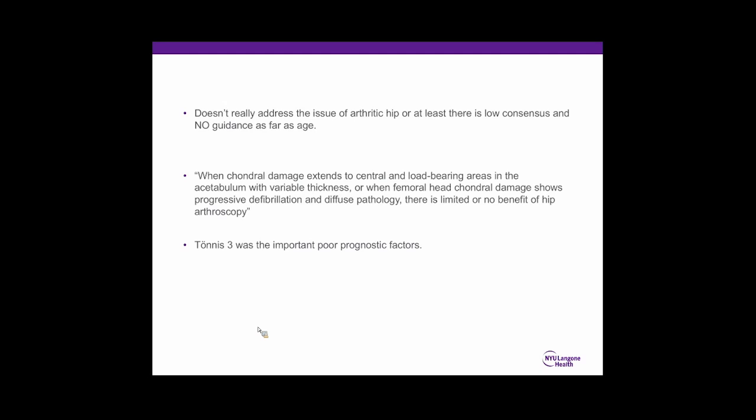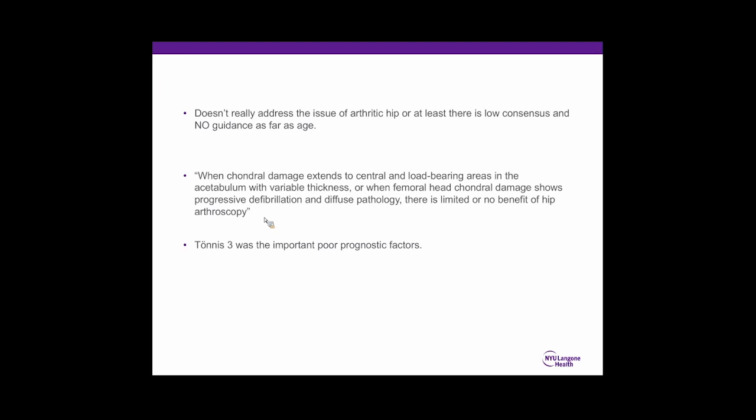But as you could tell, this is a very murky description of what you should be looking for. There's really no real objective information here to hang your hat on, and you're really left with your own clinical acumen. But everybody agrees, there was great consensus that Tönnis 3 bone-on-bone arthritis is an important poor prognostic factor.